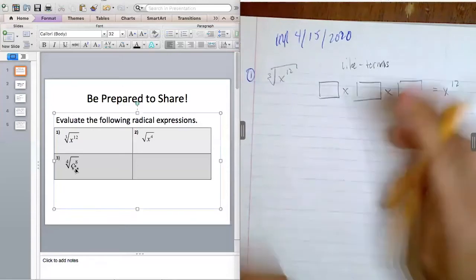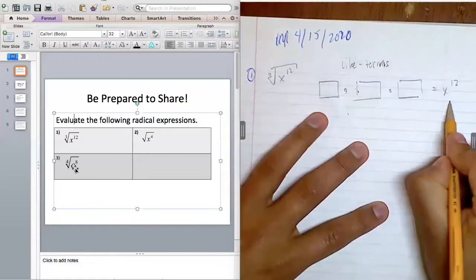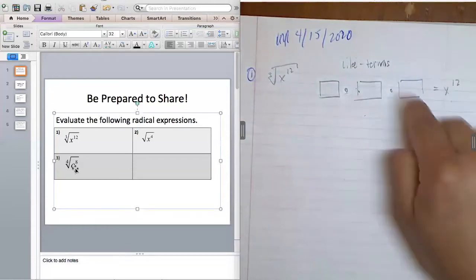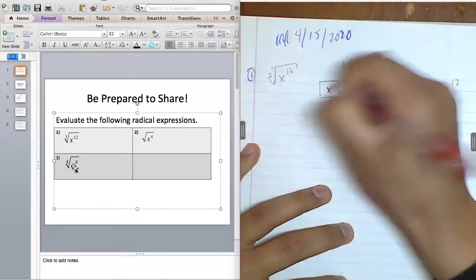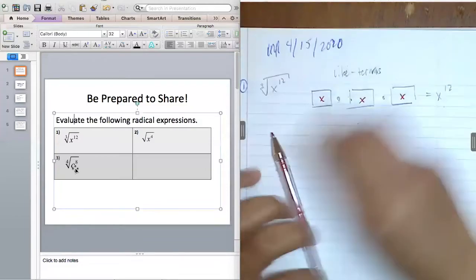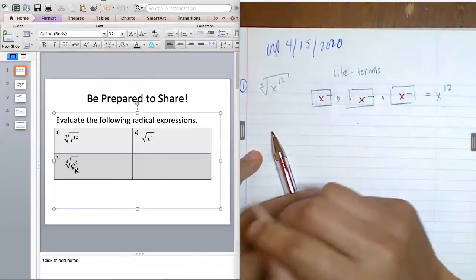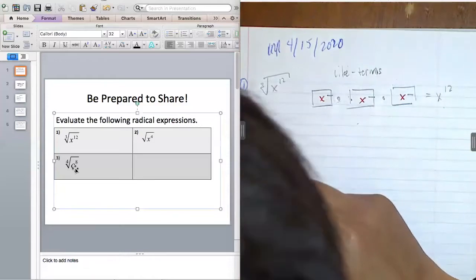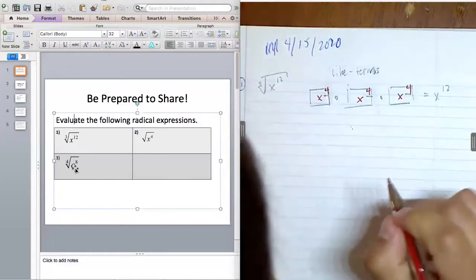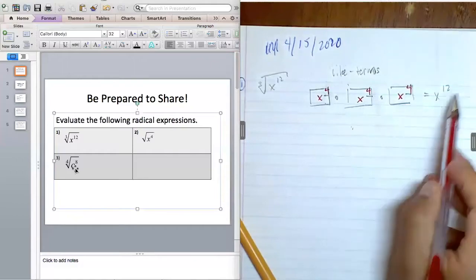We know they're going to have to have x because you want to end up with x. But x to the what? What do you think goes up there? So 4, 4, 4.